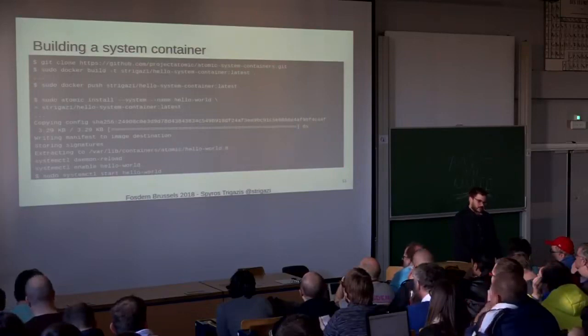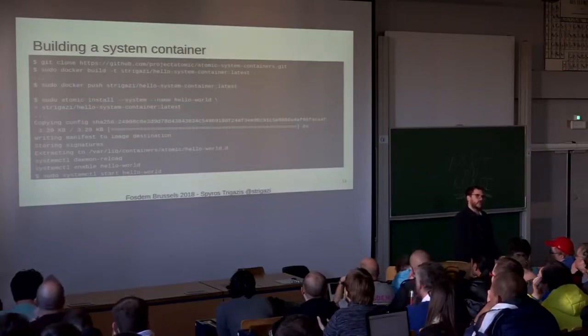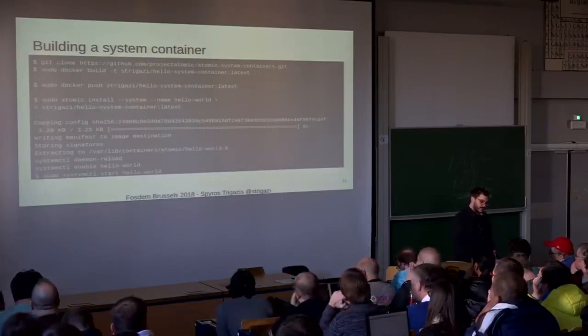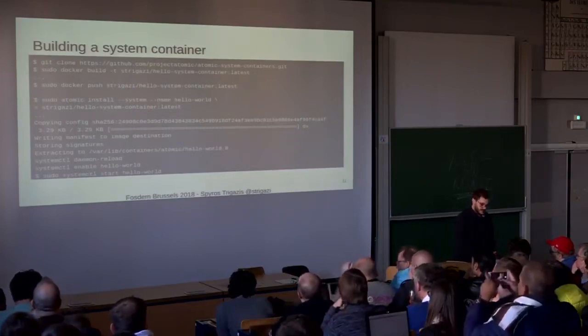You do atomic install --system, which means that it will run as root, unless you specify otherwise in the configuration. Then you can give it a name, and that name will create a systemd service based on that template. And then you can just do systemctl start, and it starts that systemd service.